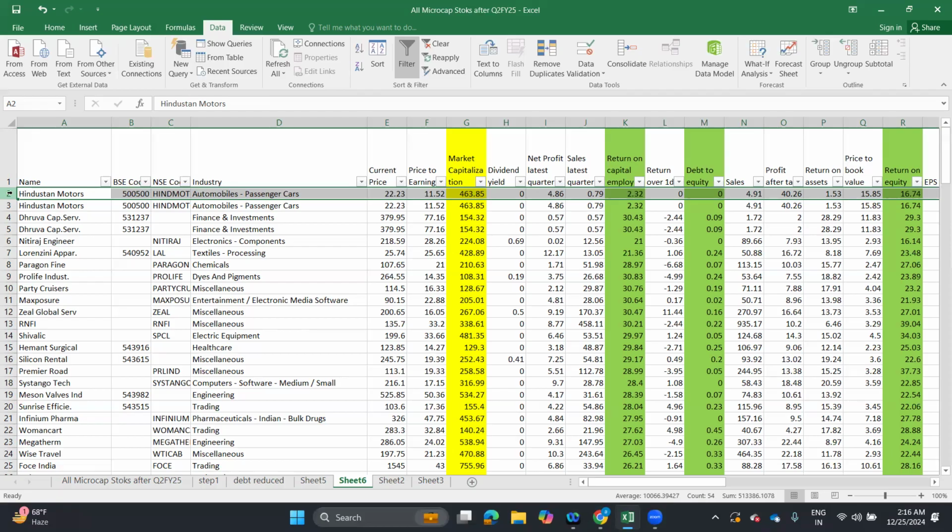तो हिंदुस्तान मोटर्स type of stocks can be there in this shortlisted list.